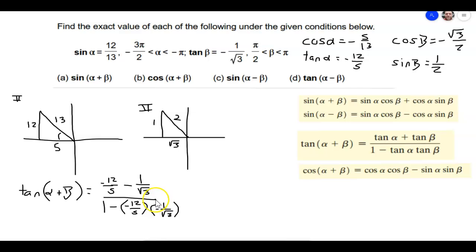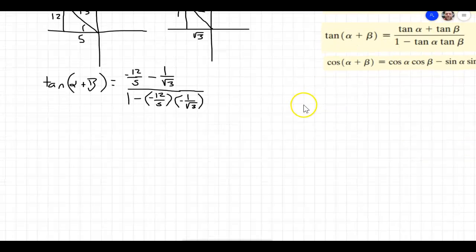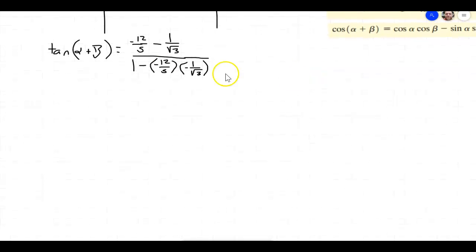All right. So let me give us a little bit more room here. So at this point, we just have to kind of simplify this, bring those fractions together.